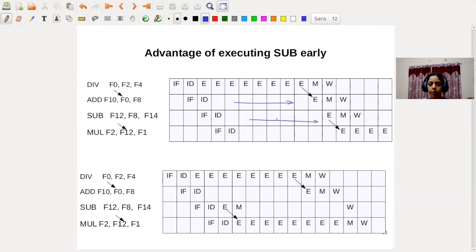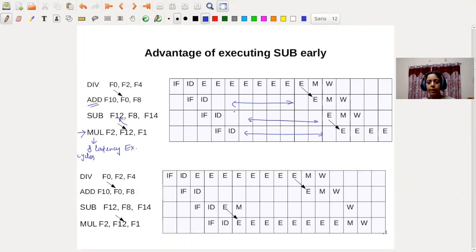So this is the normal scenario wherein you're stalling all instructions and waiting for the add to finish. Now consider the scenario where there is some other instruction mul which has the same amount of delay, that is 8 cycles of latency for the EX stage, and it has a dependency on the sub instruction.